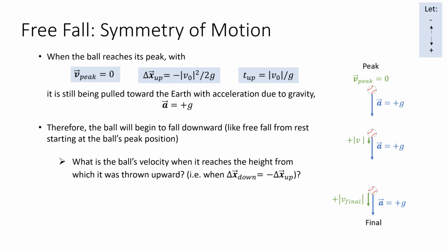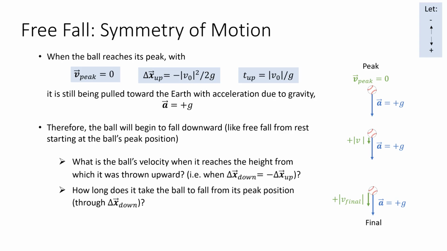Or in other words, it has traveled through a displacement equal to x down, which would be the same as x up, but in the opposite direction. So I would say that's equal to minus x up. We also want to know how long will it take for it to fall back down, and then finally, what's the total amount of time that the ball is in free fall, which would be the time it takes for it to go up, and then the time it takes for it to come back down.